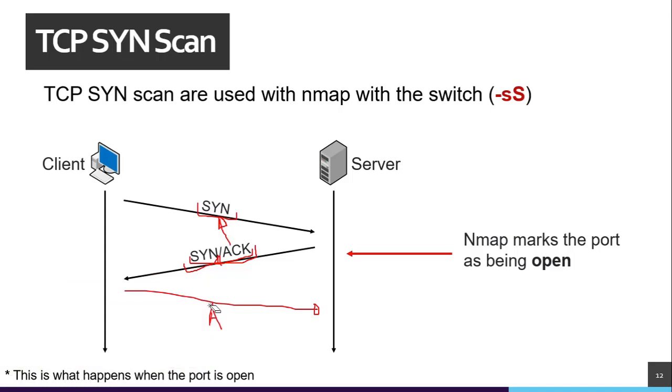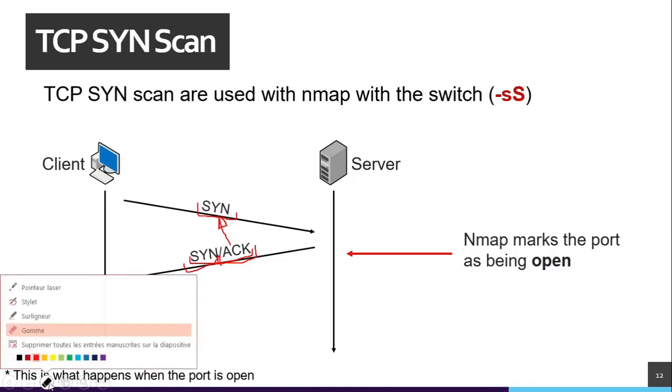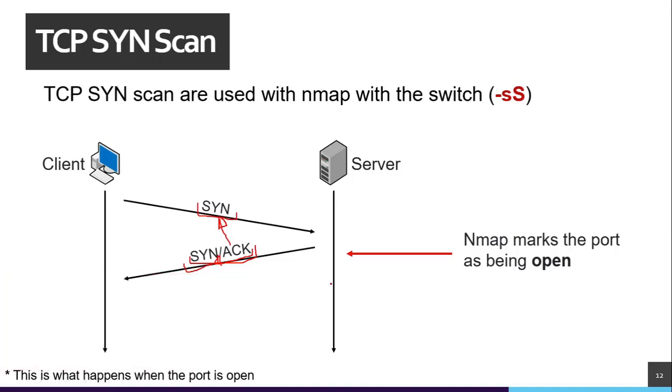But if we haven't responded, then the server will assume that we haven't actually received its previous packet. If you took some networking class, then you know that TCP is a connection-oriented protocol, which means it's going to retransmit the previous packet.